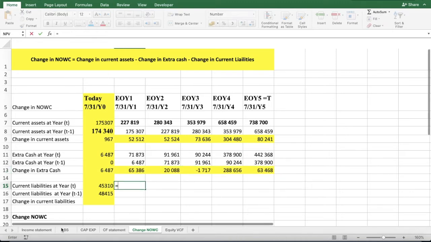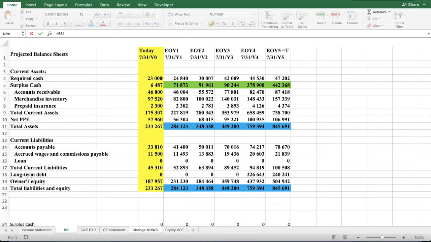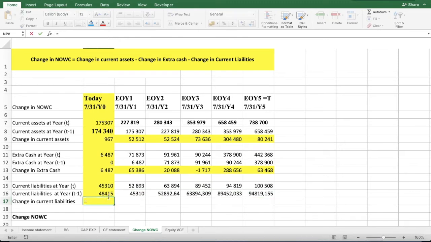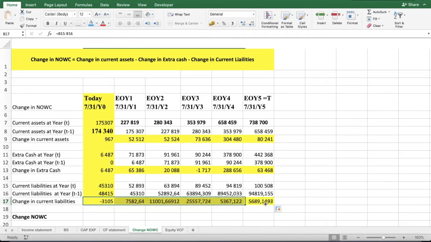Then the current liabilities. So where are the current liabilities? Here we are. Then we scroll until year 5. Now T minus 1. And finally, the change between T and T minus 1 from year 0 to year 5.